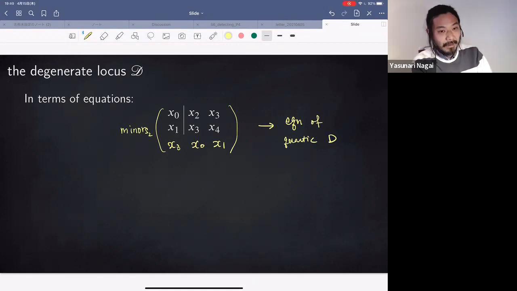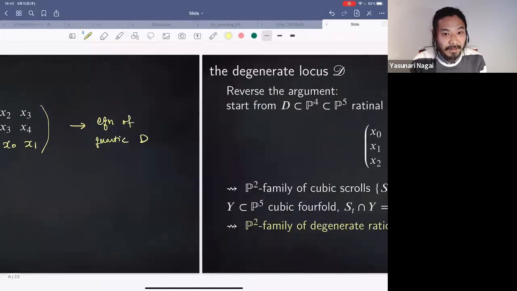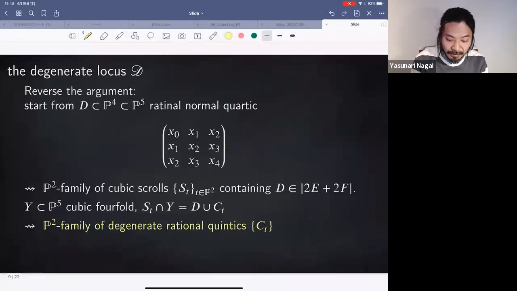So after this is said, we can reverse the argument. We start from a 3 by 3 symmetric determinant representation of a rational normal quartic curve.